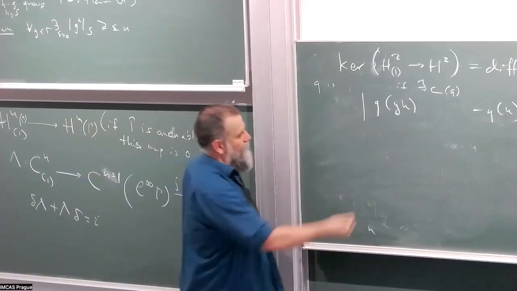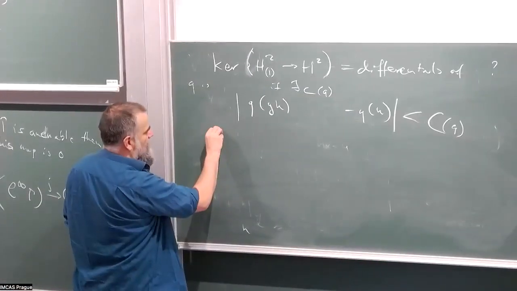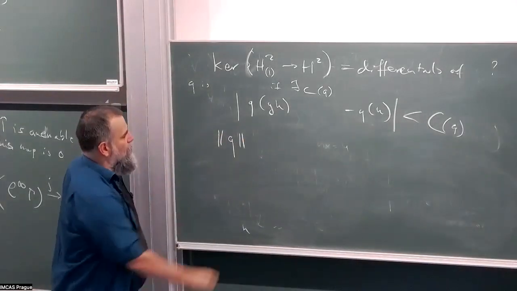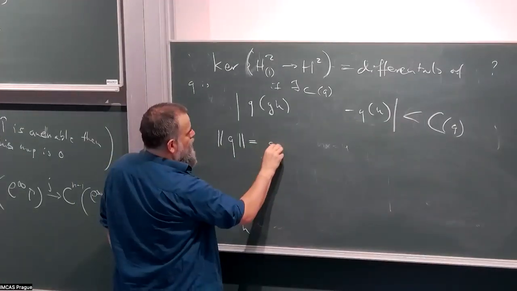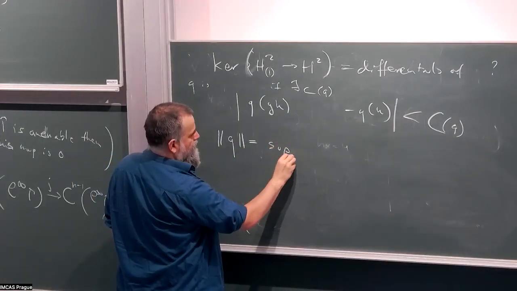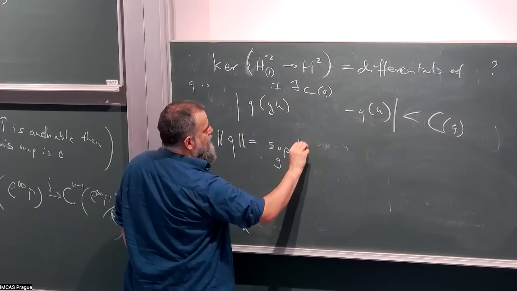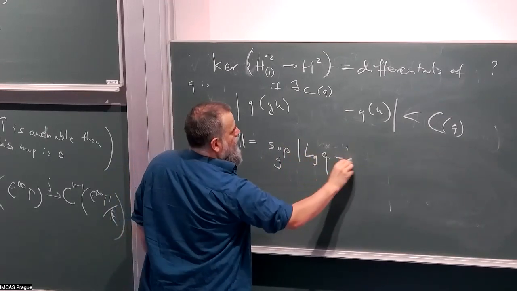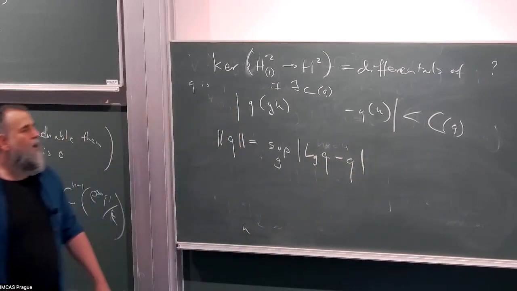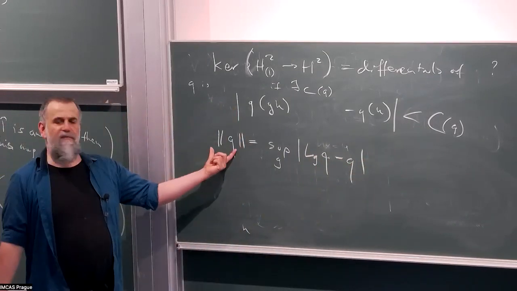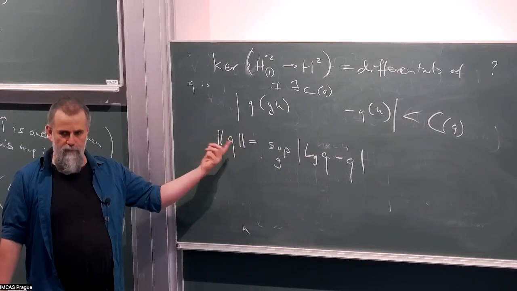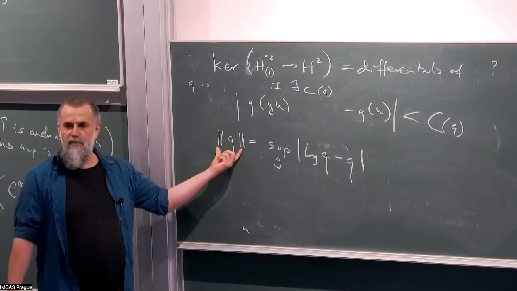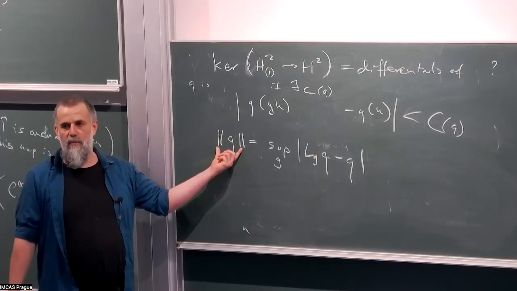If we define the length of Q as the supremum over G of the left translate of Q minus Q, this gives me a norm on a group. Again, an easy exercise. And this function is just one-Lipschitz with respect to this norm.